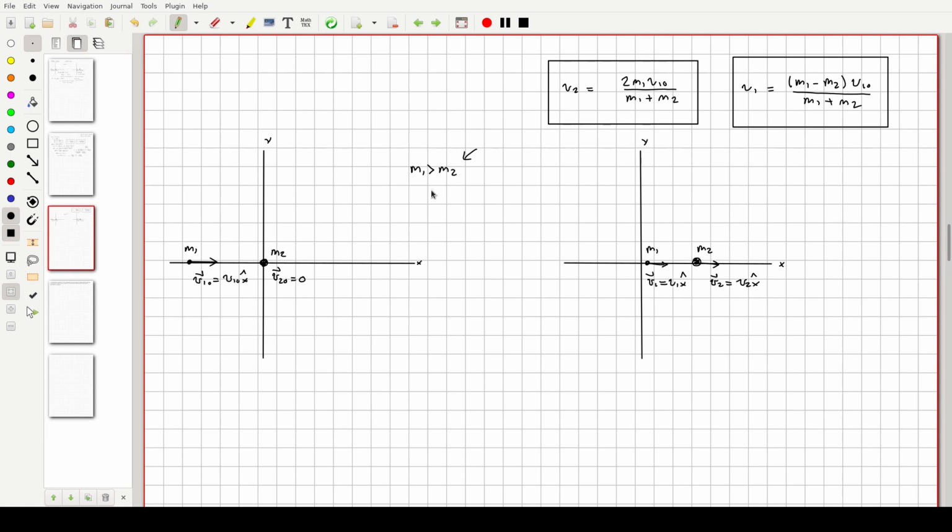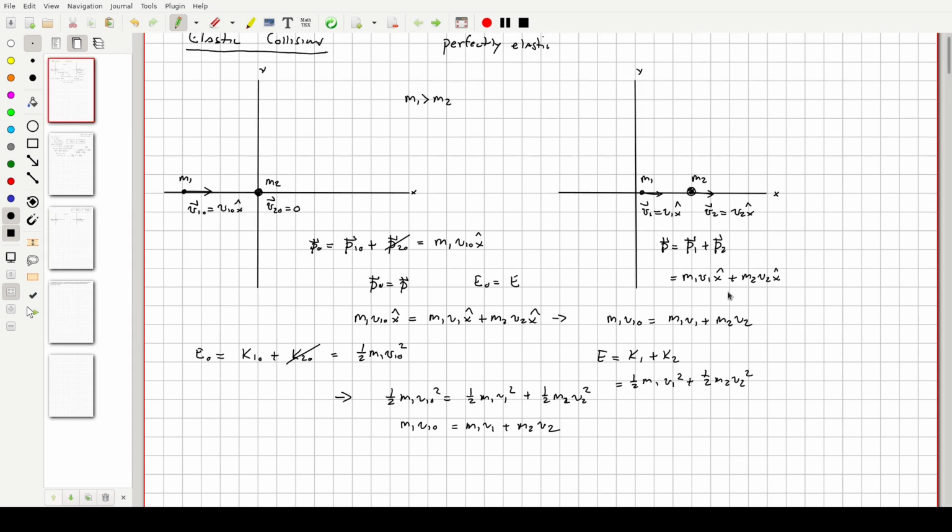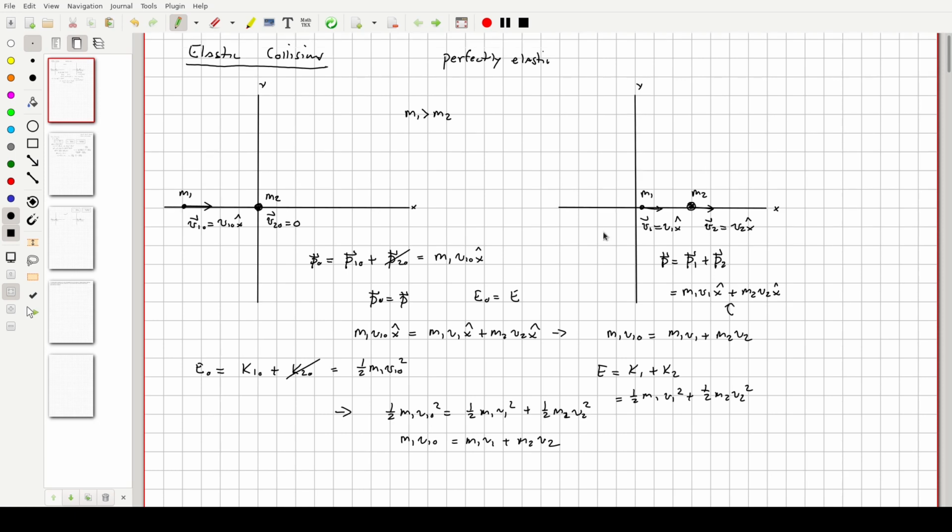What that means is that we're assuming after the collision, both M1 and M2 have velocities that are positive. That's the assumption that we made when we wrote out our conservation of momentum. We put in positives. Now, it very well could be, for example, that M2's mass is much, much greater than M1.